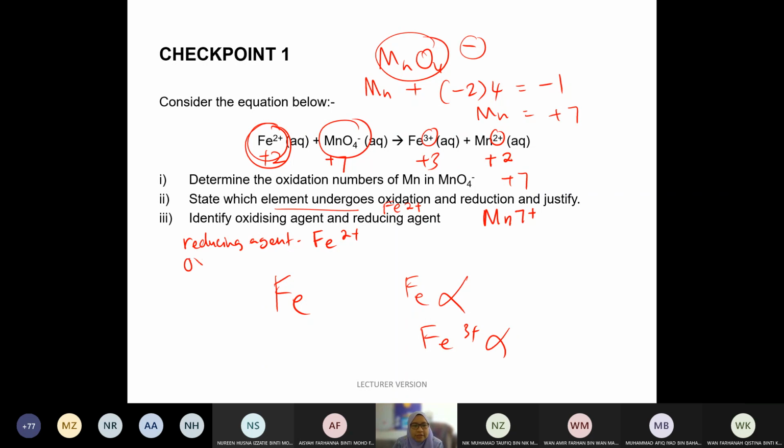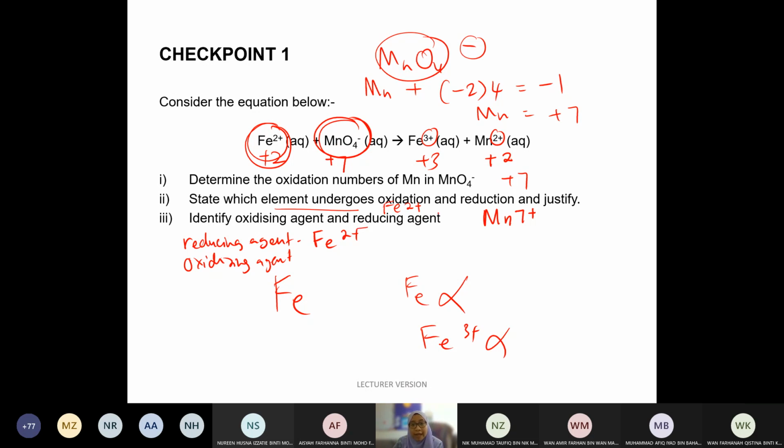And then oxidizing agent. Yang ni yang dia agak ni sikit, oxidizing agent, sebab dia ada carrier dekat sini. Dia tak stand alone. The manganese, dia tak stand alone. It has oxygen with it. But the one that undergoes reduction adalah manganese.